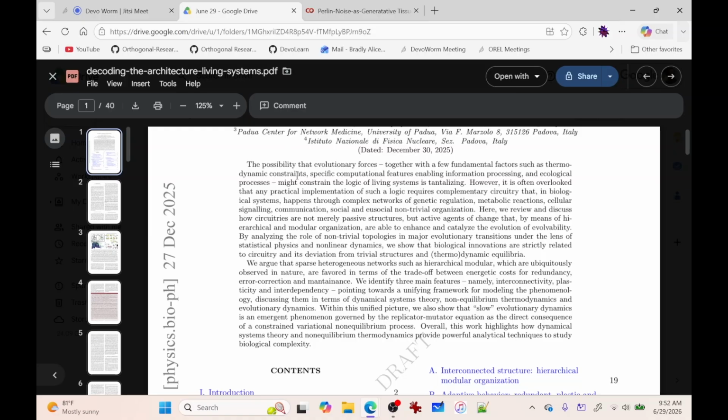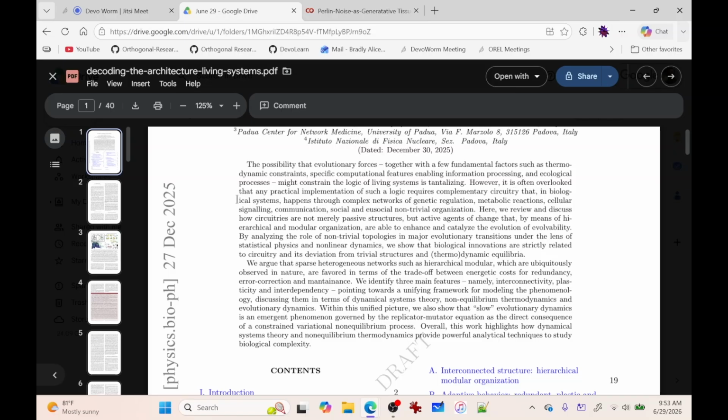So the abstract reads, the possibility that evolutionary forces, together with a few fundamental factors such as thermodynamic constraints, specific computational features enabling information processing, and ecological processes, might constrain the logic of living systems. This possibility is tantalizing.